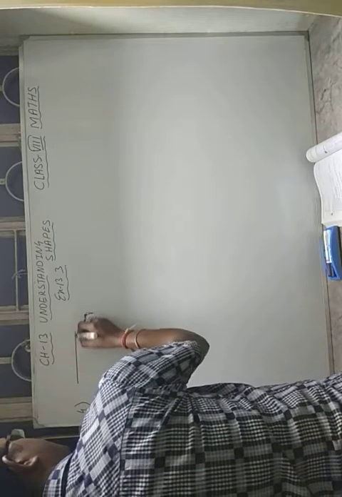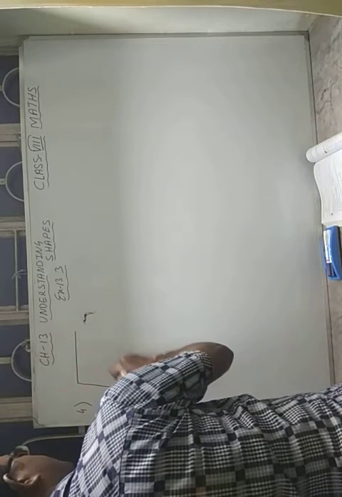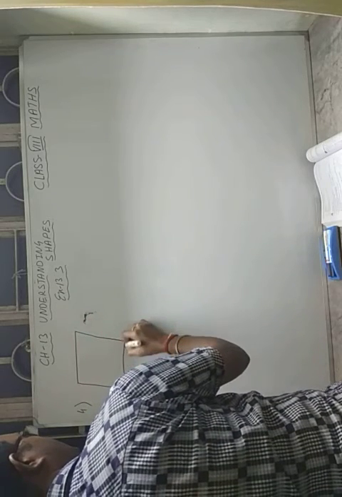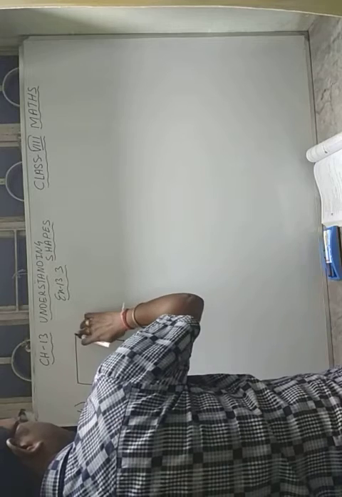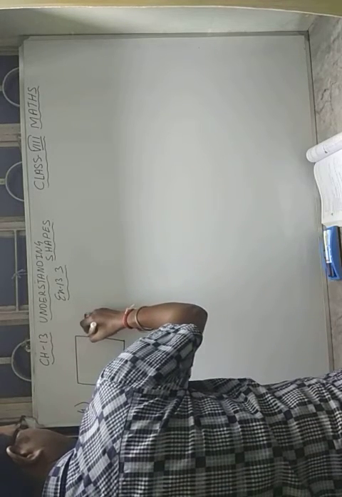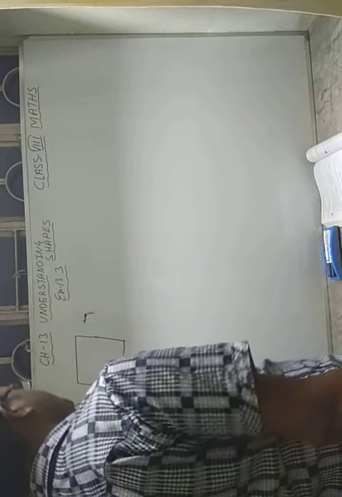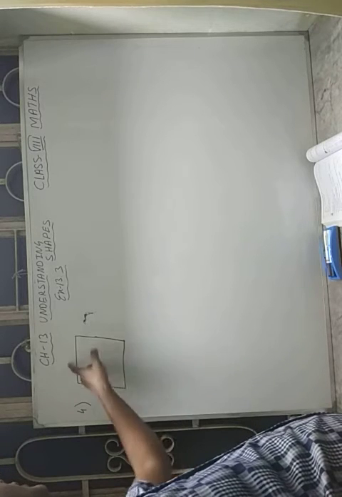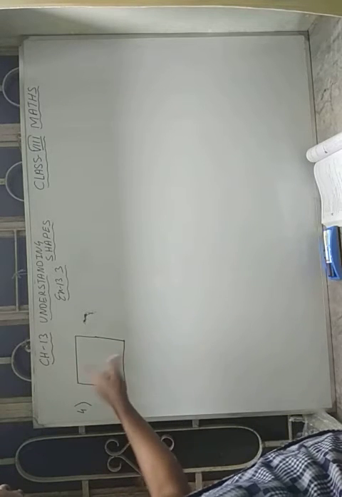Suppose I draw a rhombus like this, whose all sides are equal. Now you have to take a diagonal in such a way that the measure of that diagonal will be equal to the length of all four sides.